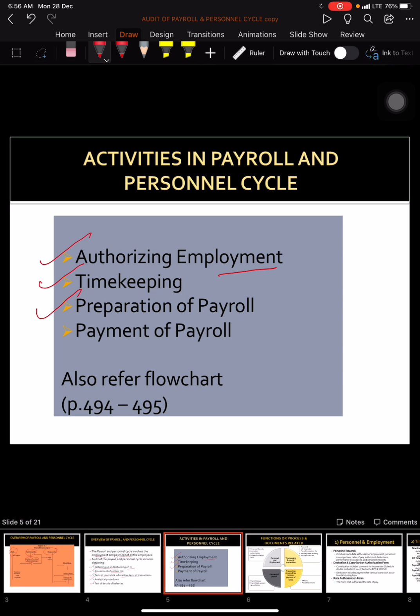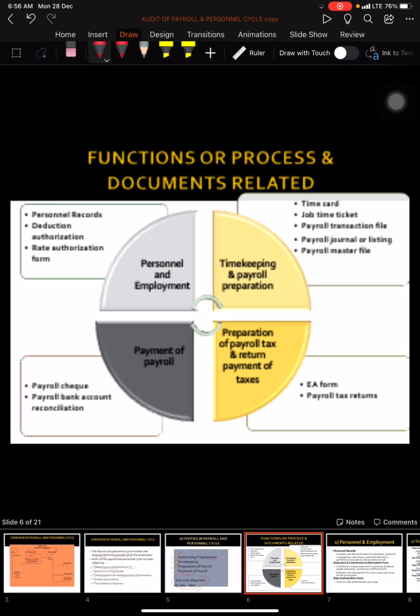And lastly, after they prepare the payroll or the documentation, how they make payment to the employees. For this one, you have to refer to our textbook, page 494 to page 495 for the flowchart.